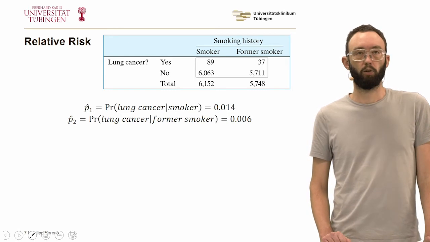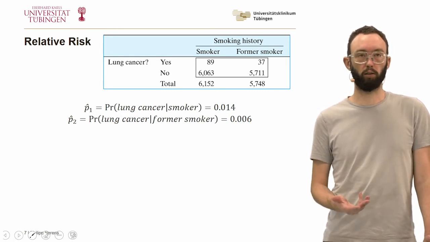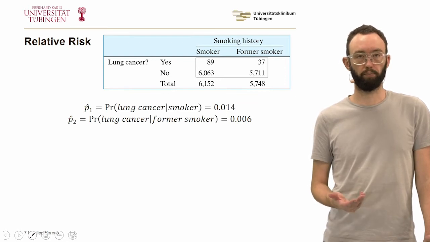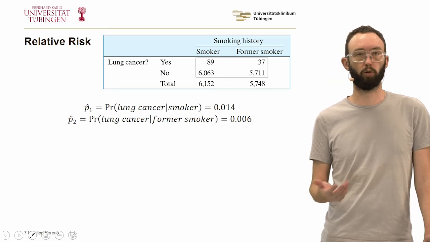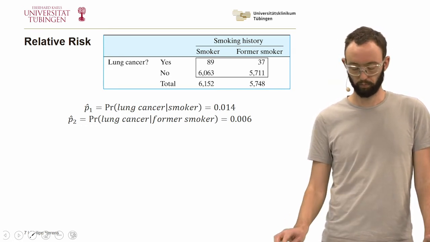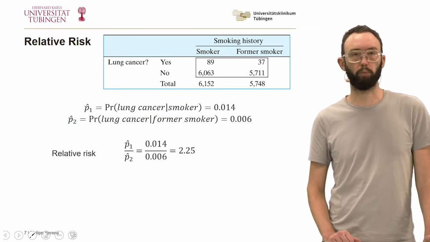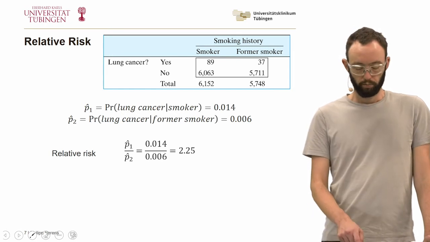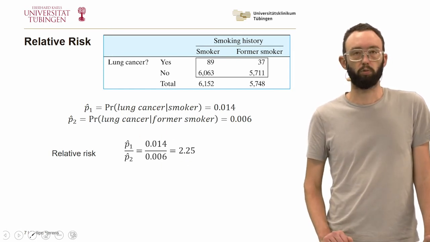So the relative risk just specifies how much more likely it is to have lung cancer if you are a current smoker versus a former smoker, as a ratio. So the relative risk is simply the ratio of these two probabilities. Computing that quotient gives 2.25.